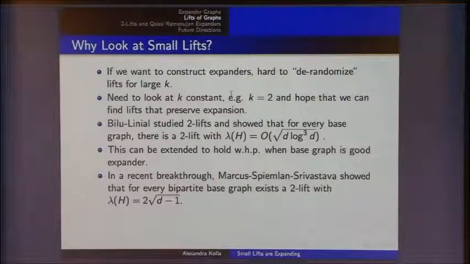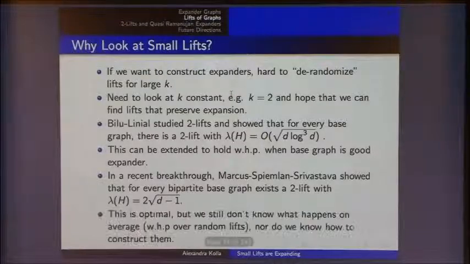And in fact, this breakthrough I was talking about, that showed that Ramanujan graphs of all degrees exist, went with 2-lifts. So they proved that there exists a 2-lift for every graph that has exactly the Ramanujan bound. Okay, so all of those results are really great, and they advanced the field of expanders, but none of them says what happens with high probability, except for this sort of semi-high probability statement.